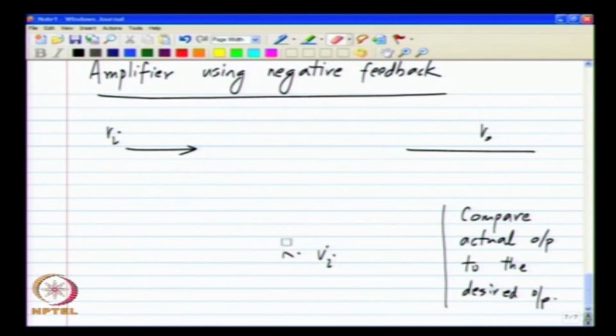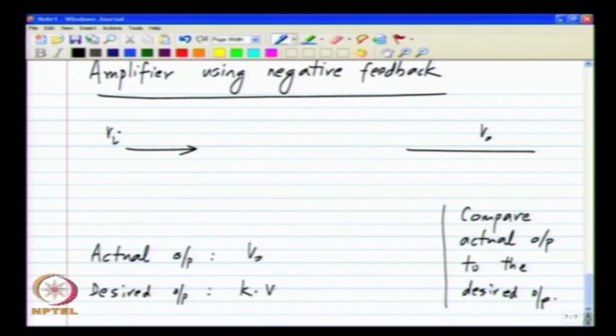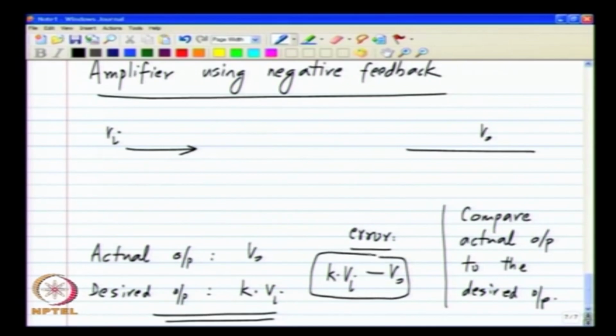The actual output is Vo, and the desired output is K times Vi. Okay. So, I have to measure the error, which is K times Vi, the desired output, minus the actual output Vo. Okay. This is the error, this is the difference between the desired output and the actual output.